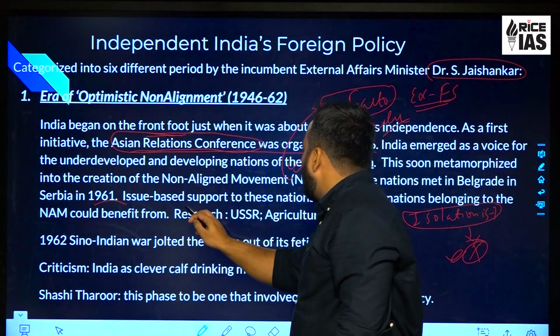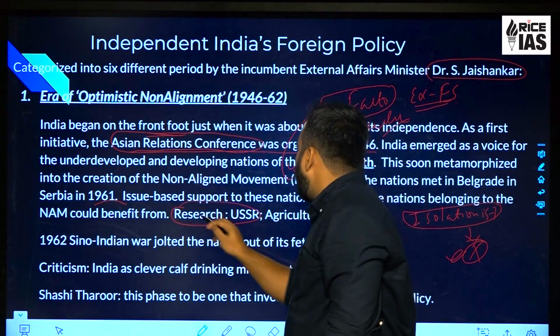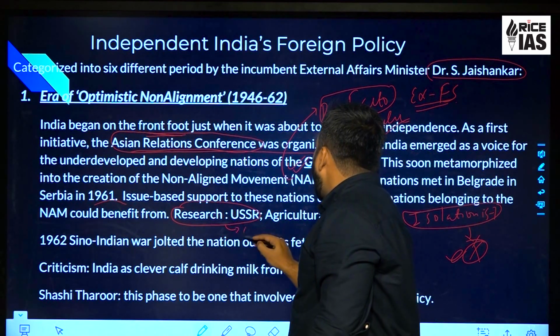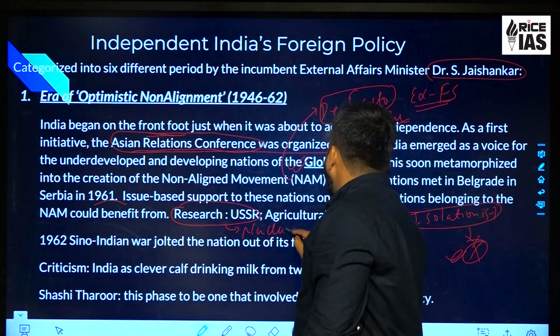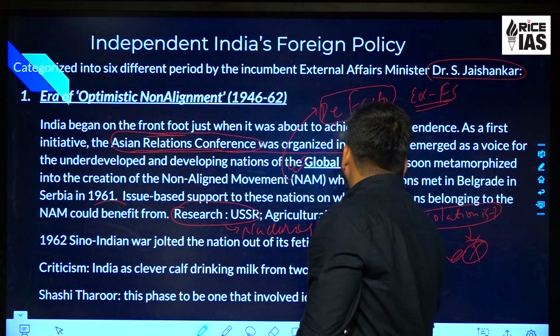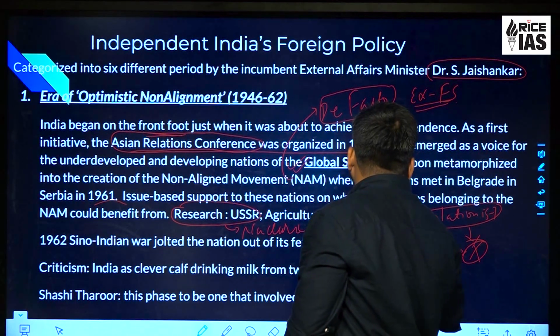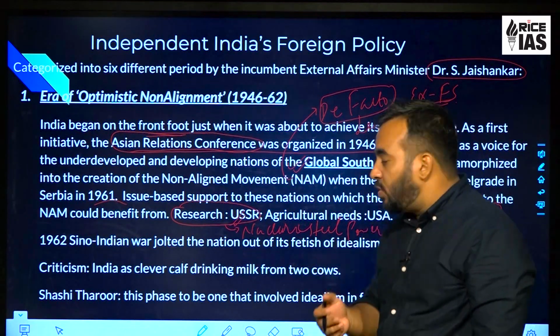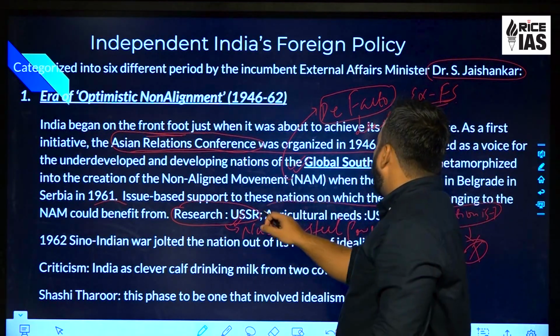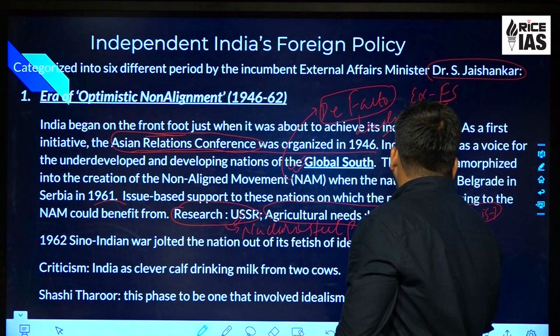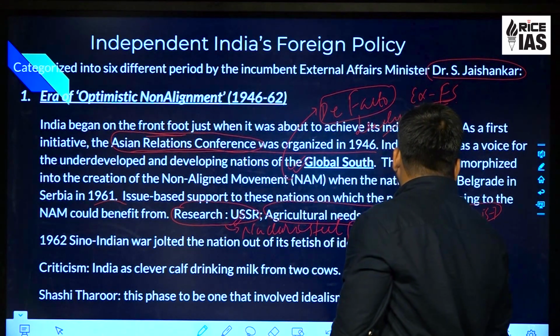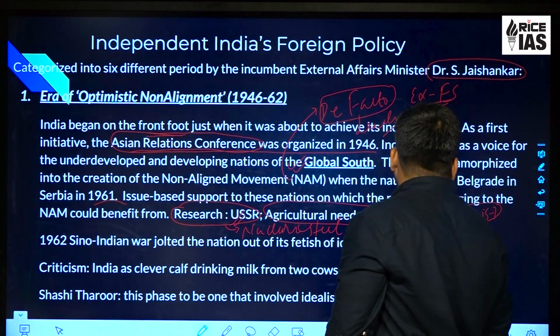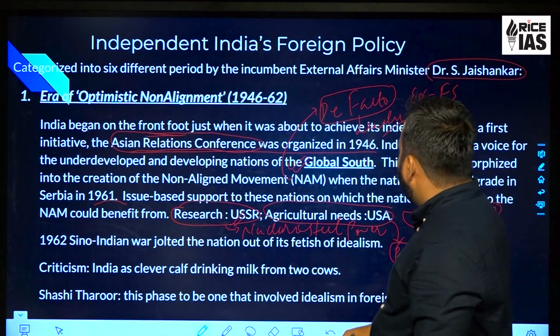Some of the nuclear and steel power plants were established with the help of the USSR. Some of the biggest dams were established with the help of the USSR. And for agriculture needs, there was Public Law 480, the food aid program of USAID.